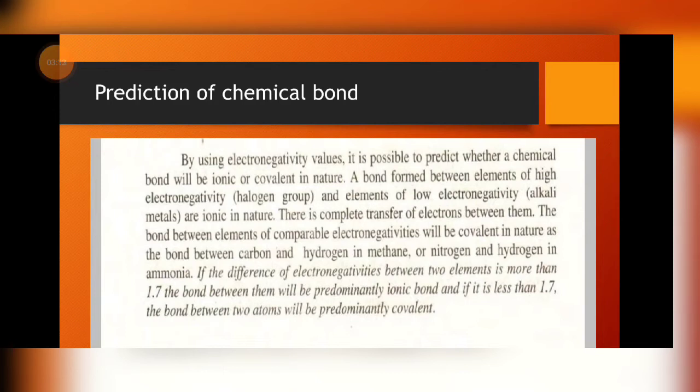If the difference between the elements is less than 0.5, then it will be non-polar, and more than 0.5 will be polar. So it is the criteria to judge whether the chemical bond is ionic, covalent, polar or non-polar in a covalent compound.